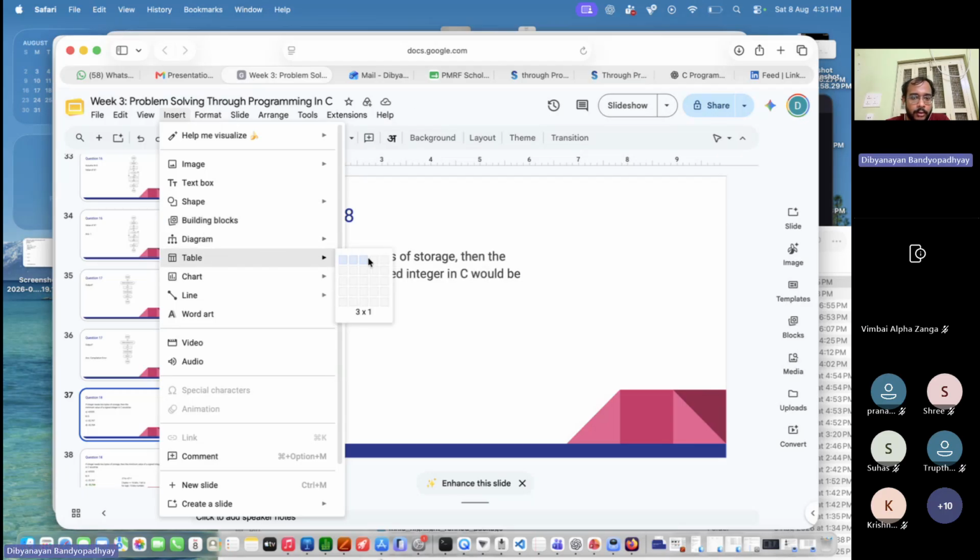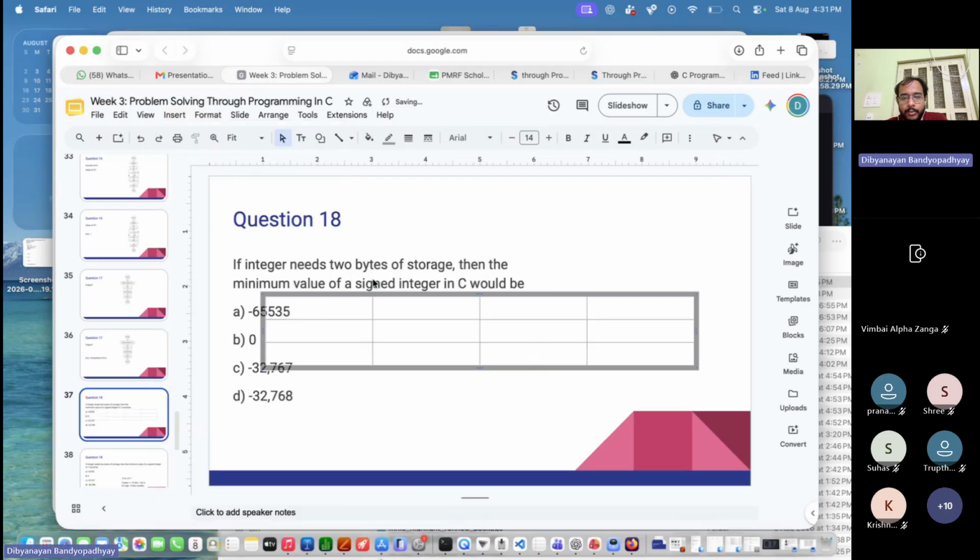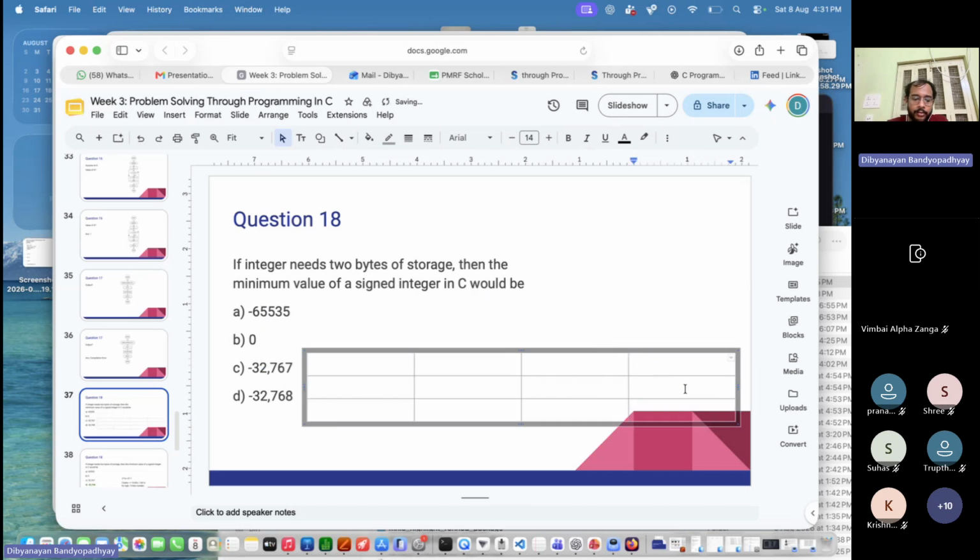Let's suppose this is a toy problem, and in the toy problem you have 4 bits of integer representation. It begins with 2 to the power 0 in the first step, then 2 to the power 1, 2 to the power 2, and 2 to the power 3.